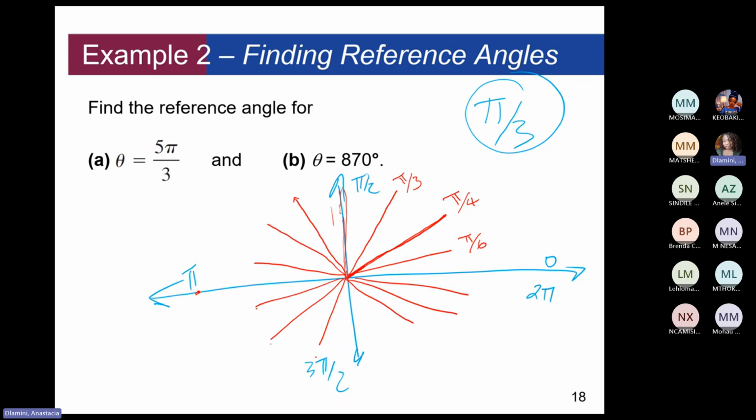Now they're looking at 5 pi over 3. We know pi over 3 is 60 degrees, isn't it? So from here to there, that's pi over 3. How many pi over 3's are we looking for? 5.